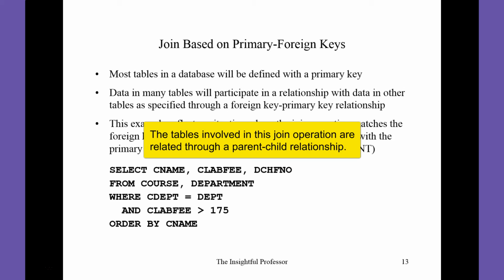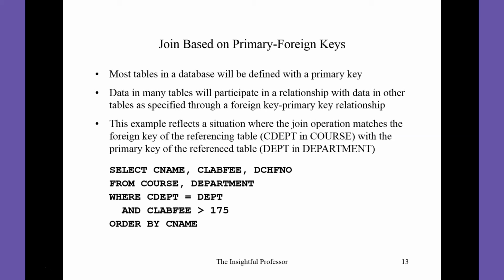And this is because course and department have an actual relationship that was reflected in our entity relationship diagram and has been recorded as part of the metadata about our database. So therefore, course is a child, department is a parent. The column called C department is a foreign key, and it references the primary key, department, of the department table.